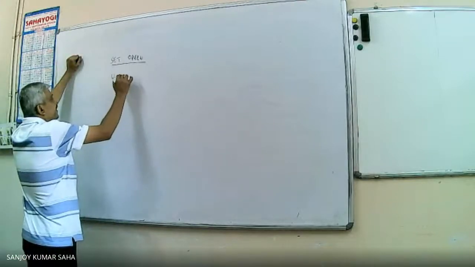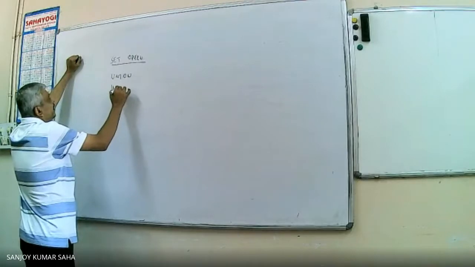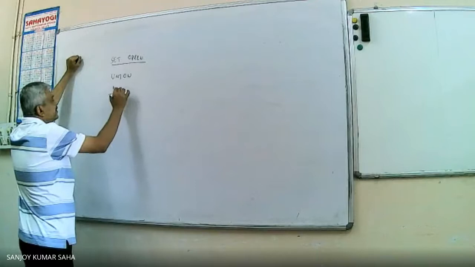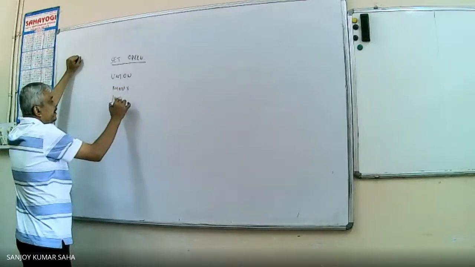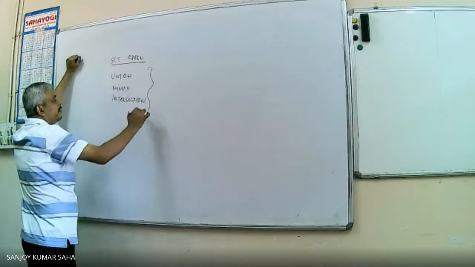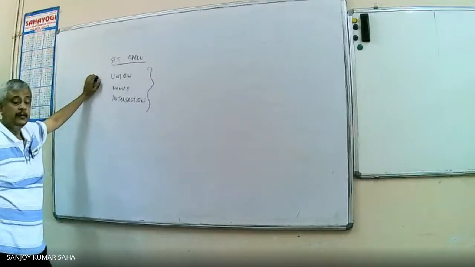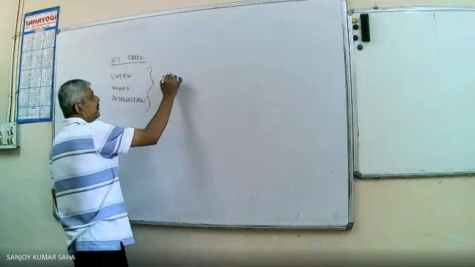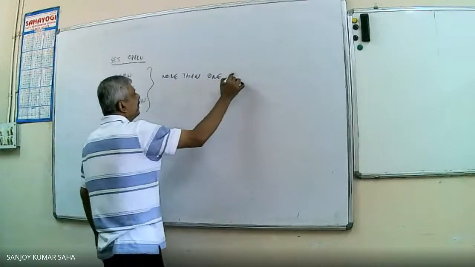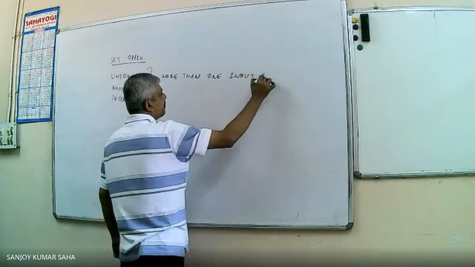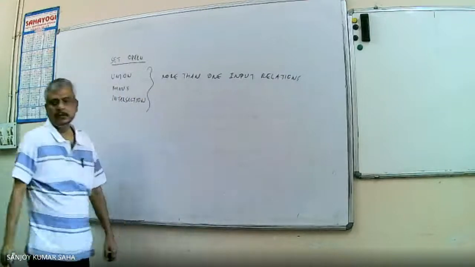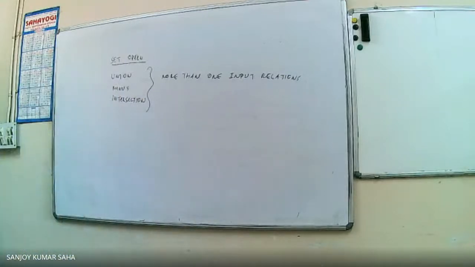Say, what is union, intersection, minus, or any kind of set operation, it will require more than one input relation.